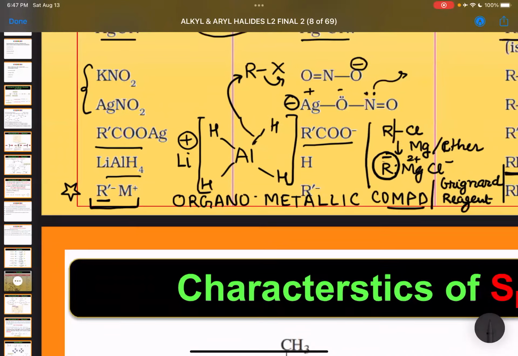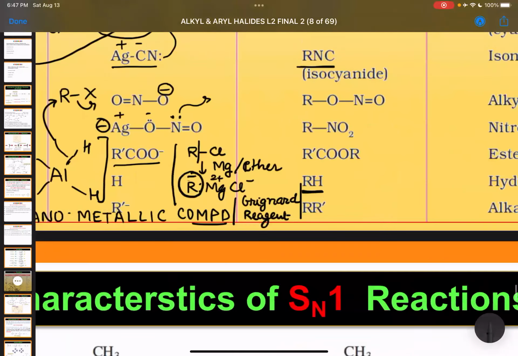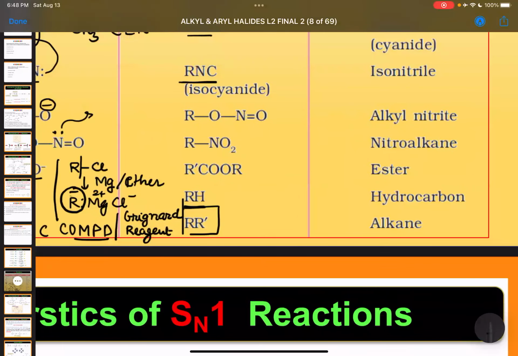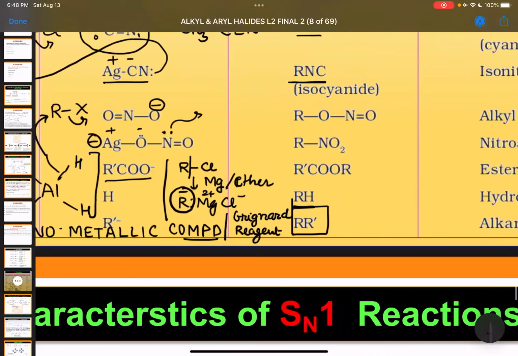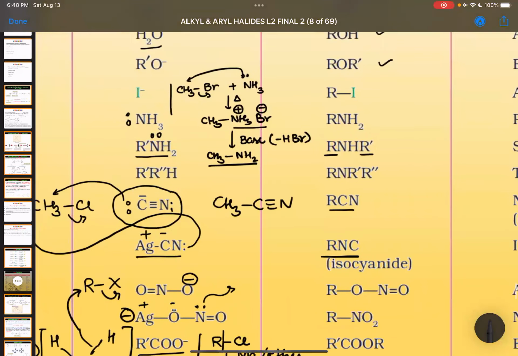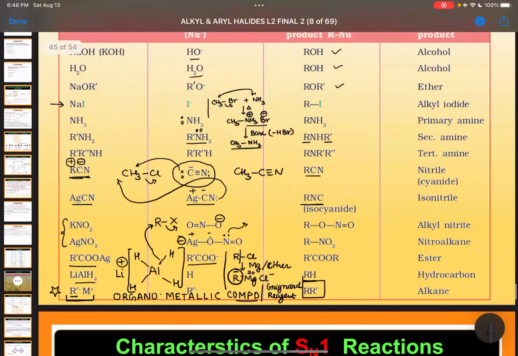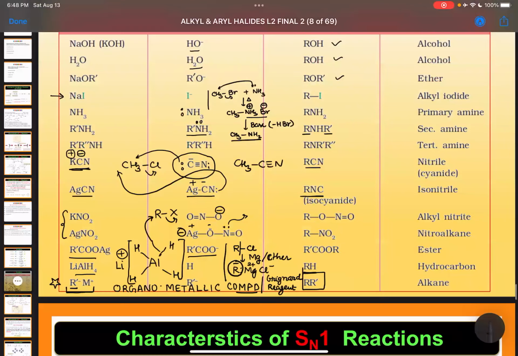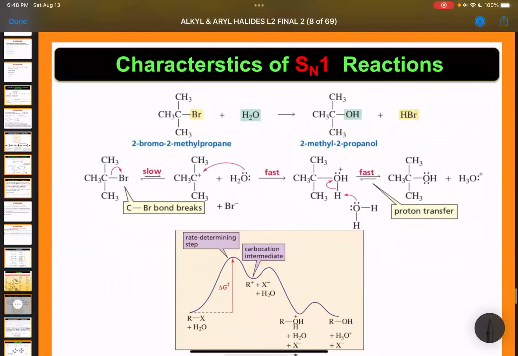So this is going to attack the RX halide which you have taken, and a carbon carbon bond is going to form, and you are going to end up with an alkane. Clear? Any doubts on this? Yes, sir. So this is actually a general way to prepare different functional groups with the help of nucleophilic substitution reaction.